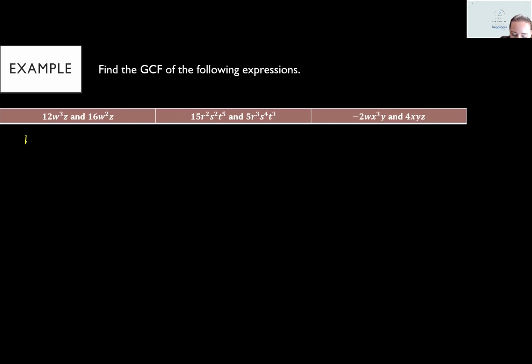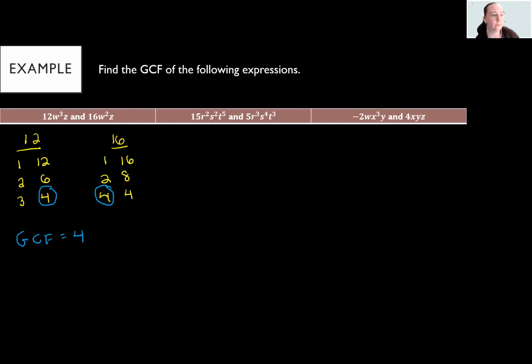But I'm going to do our divisor list just so you can see that. 12 is 1 times 12, 2 times 6, 3 times 4. 16 is 1 times 16, 2 times 8, and 4 times 4. So you can see that 4 is the largest number they have in common. So first, between the numbers, our greatest common factor is 4.